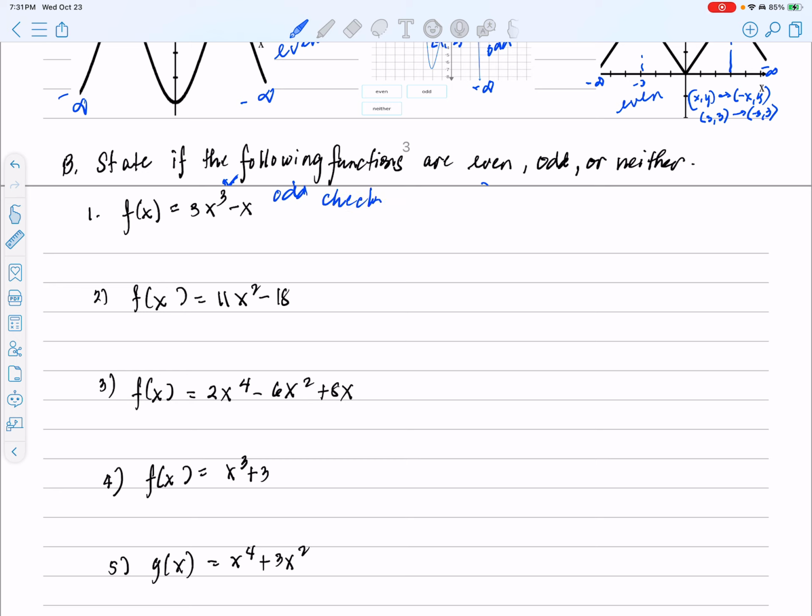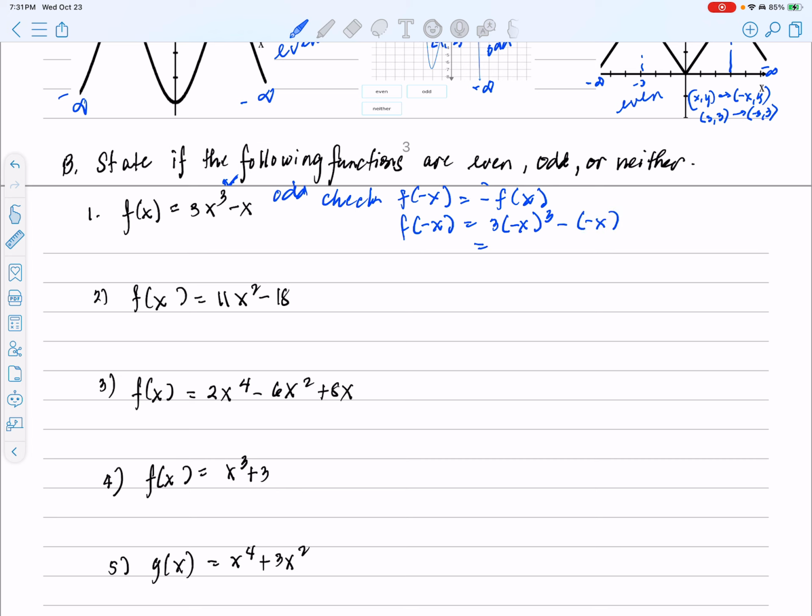Remember the condition that if you say this is odd, that means the function of negative x should be equal to the opposite of the function of x. So if I substitute negative x, I get 3 times negative x to the third power minus a negative x.